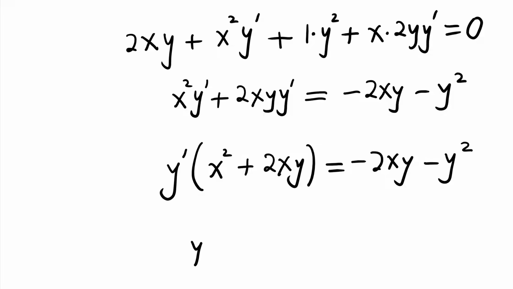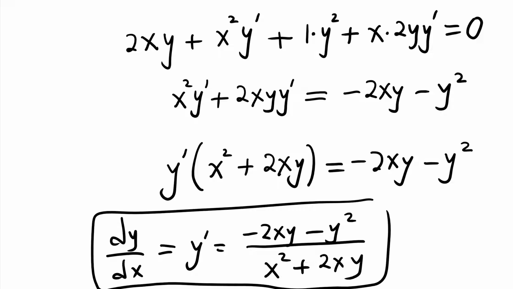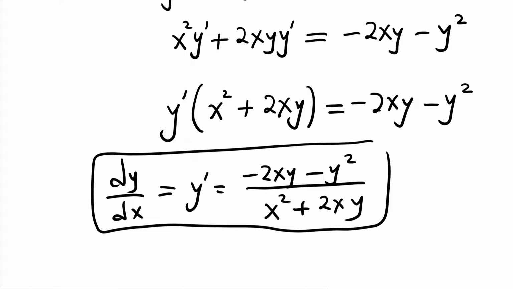Then y prime equals negative 2xy minus y squared over x squared plus 2xy. That's what we need. That's what dy dx is. We can move on.